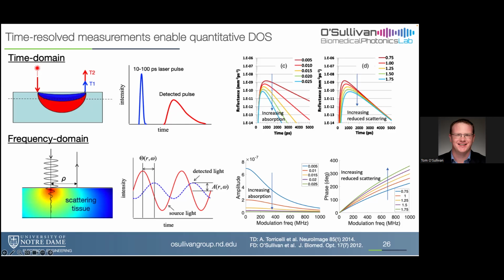Looking at phase here, you can see as you go to higher modulation frequencies, there's a general shape of the curve, right? The phase delay increases with modulation frequency. And if this were a straight line, you can see it's a little bit of a curve, but if it was a straight line, that would just be the fact that you have a shorter wave, right? If you have two waves and one moves this much, and you have a shorter wavelength one, and it moves the same amount in time, the accumulated phase is much higher, right?